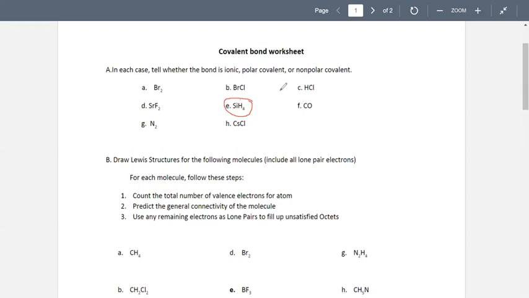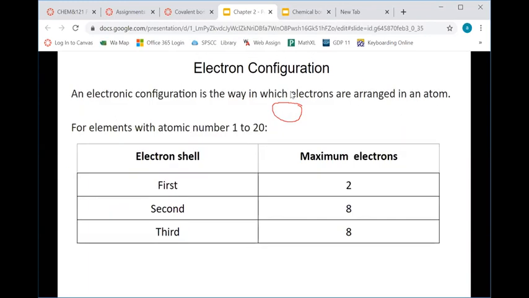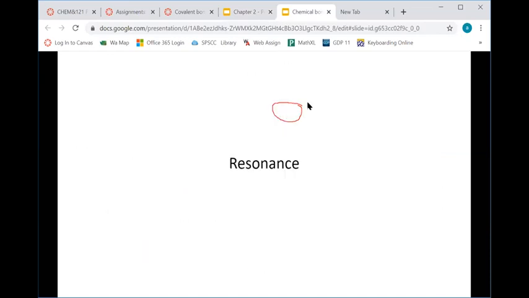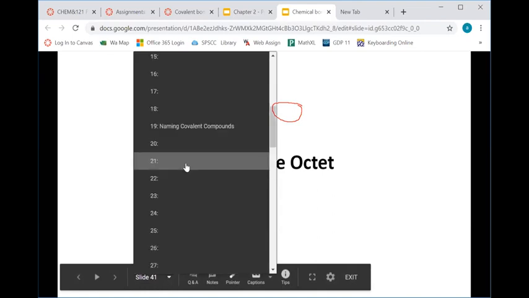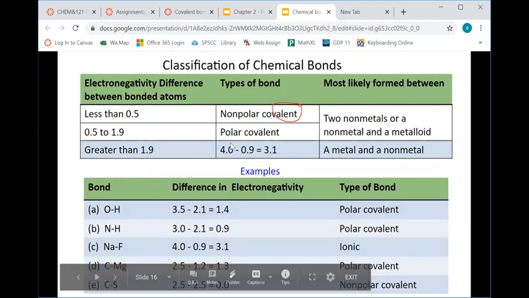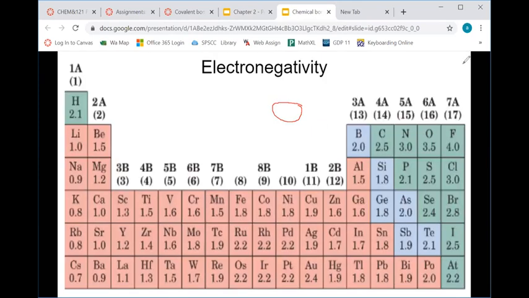So it's silicon and hydrogen. I'm going to go back to silicon and hydrogen. So silicon and hydrogen, what kind of bonding do you think it is?